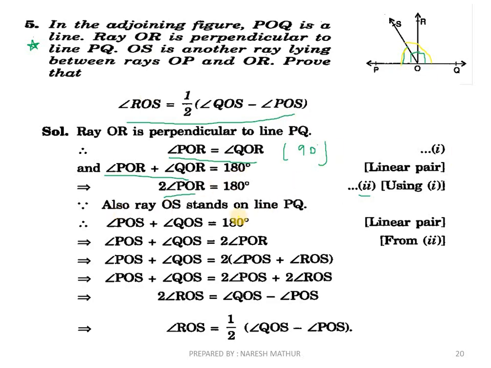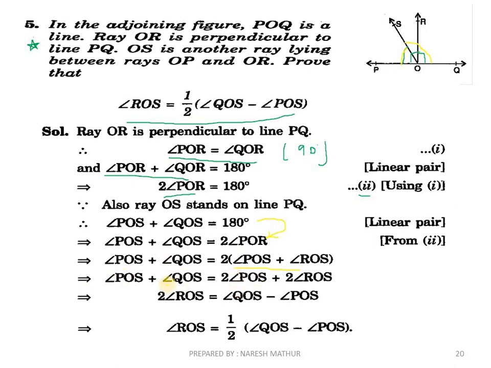So in the place of 180 degree, we can write twice of angle POR, and POS plus QOS equals twice of POR, and POR can be written as what? POS plus ROS by the figure. So after solving it, one POS will be cancelled by this POS.